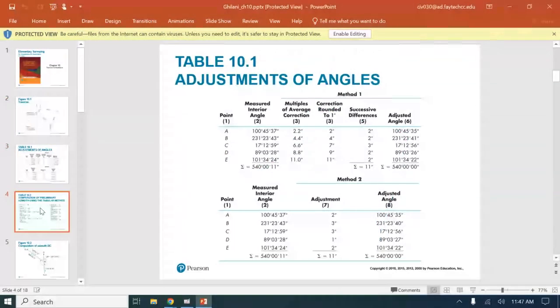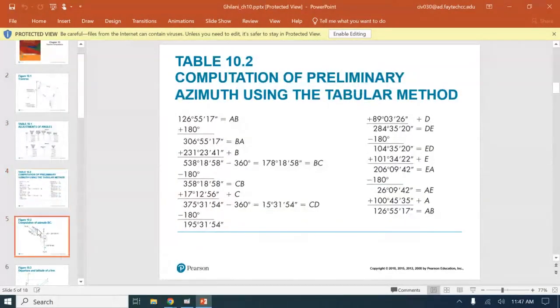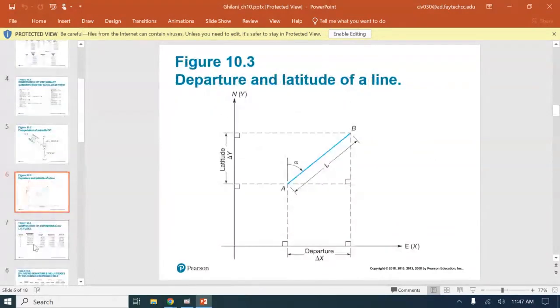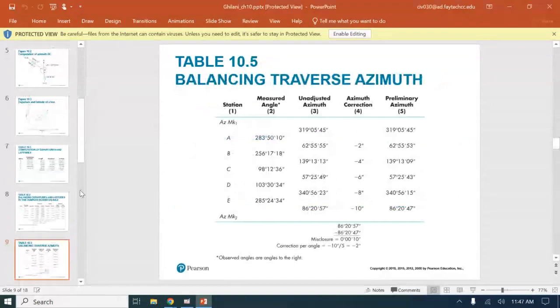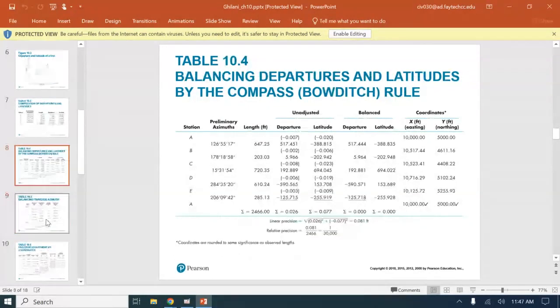We're then going to do preliminary azimuths for all the lines, and then figure out what the misclosure is. We've got formulas for that, and I've got a chart that has the preliminary azimuths and the lengths of the line, and you will solve for departures and latitudes. Once we get the departures, we'll balance them and then get our coordinates. So that's going to work.